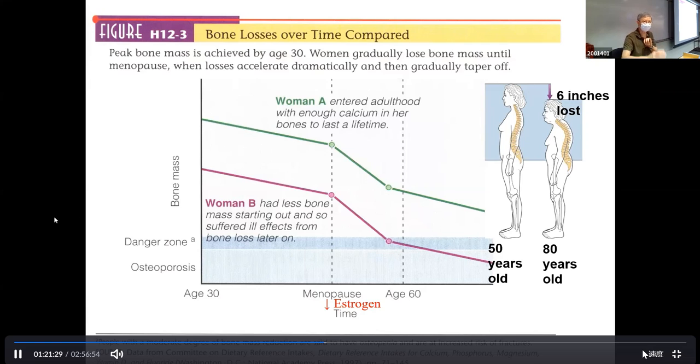This is the key point of the diagram, making sure that you know that you should try to gain as much bone mass as you can.